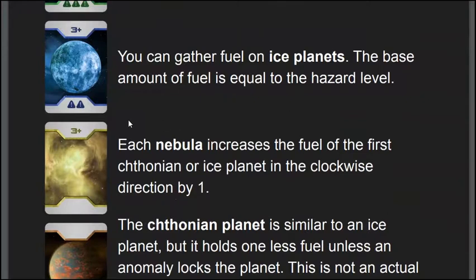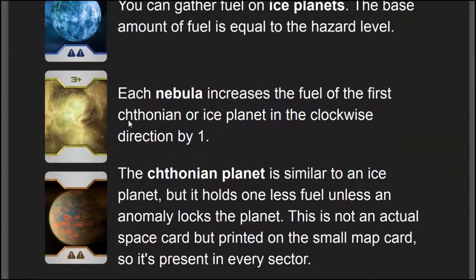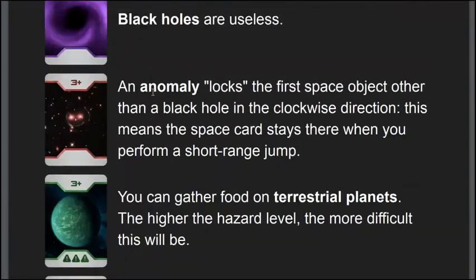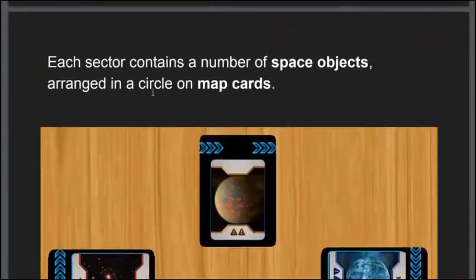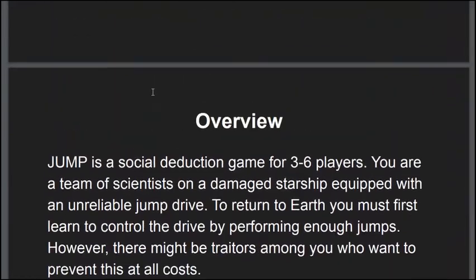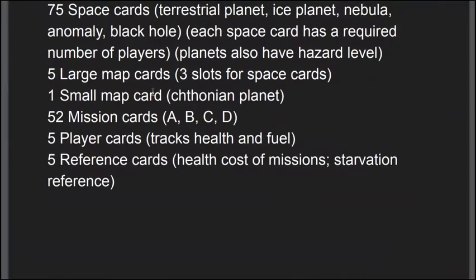It does have some icons. I'm not immediately aware of or remembering what these icons mean. And I'm not seeing a diagram of it. Maybe in your list you say you have player reference cards. Okay, cost of missions, starvation reference.